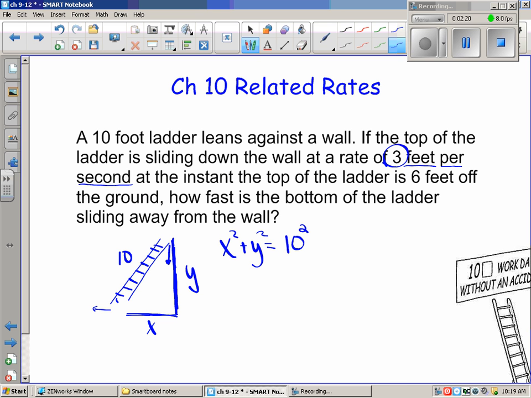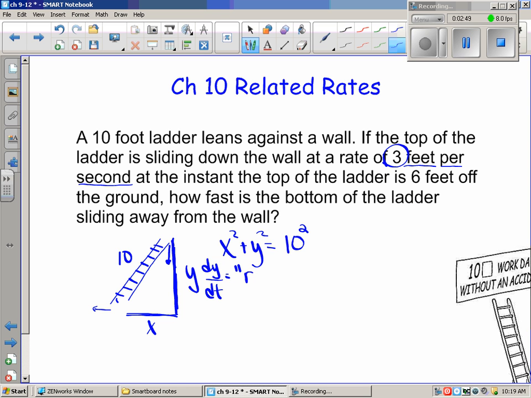This measurement is talking about it sliding down the wall, so that is our y value, and it's in terms of time. The rates we've been talking about, and we expressed this a couple days ago when doing the derivative with respect to time, expressions such as dy/dt are basically saying the rate that y is changing in terms of time.